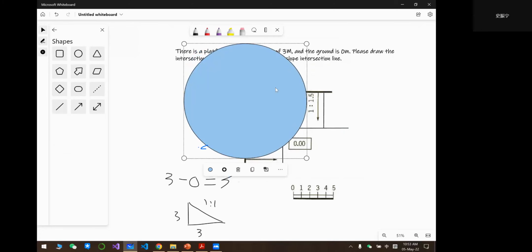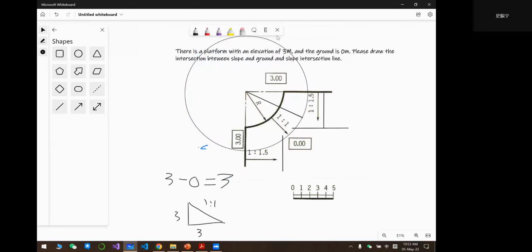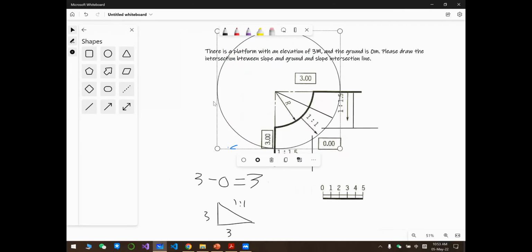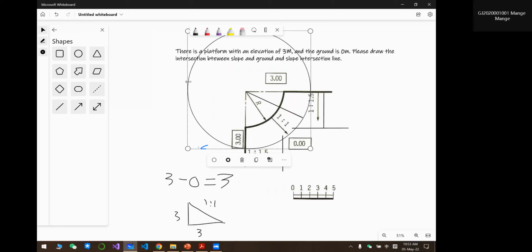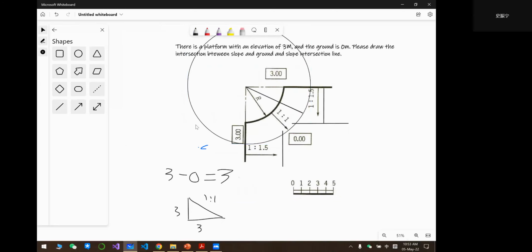Okay, like this or like this. You can see we have the cross point of the curve and the straight line. So I trim it.